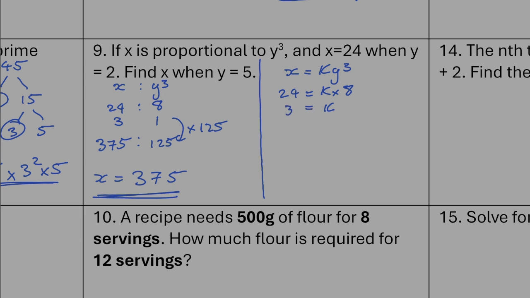So my actual equation is going to be then x is equal to 3y cubed. So that leads to then x is going to be equal to 3 times by 5 cubed, which is 125, which will give you the same answer, 375.